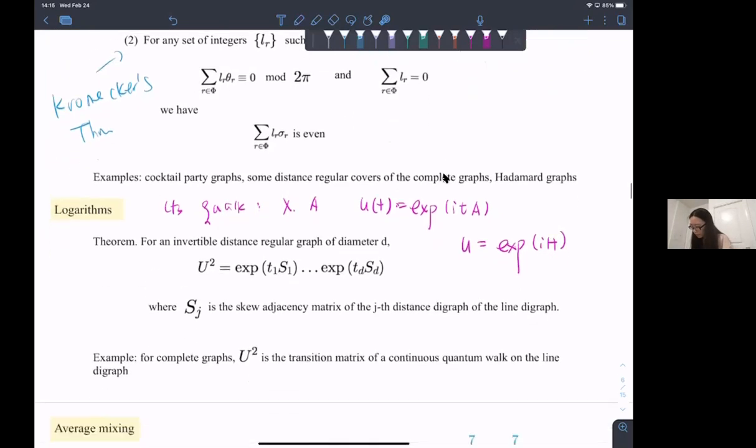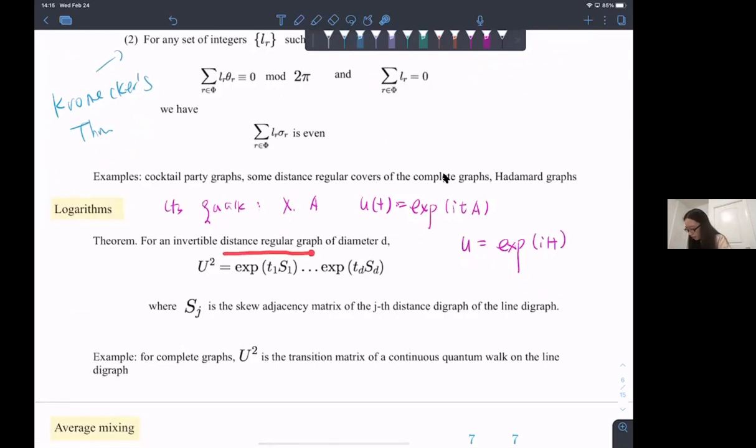Now, we have the spectral decomposition of the algorithms that work with global coins. Using those spectral correspondences, we can show that for every invertible distance regular graph, or even graphs lying in the association scheme, we have a nice relation between the discrete walk and a bunch of continuous walks.